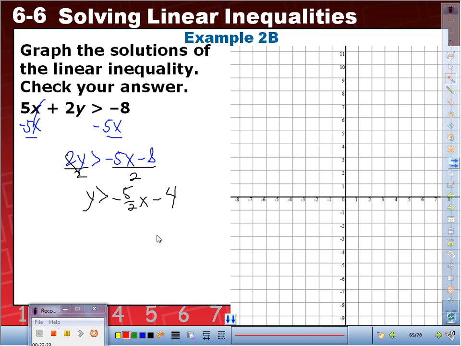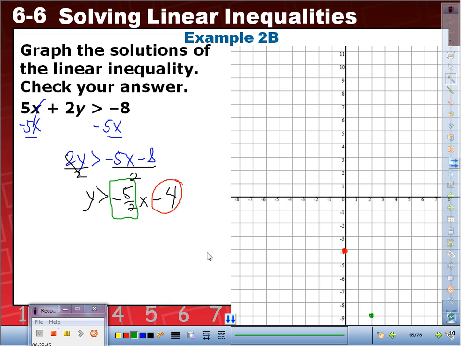So where do I start? Negative 4. We place that here, and we use the slope. What does the slope tell us? Down 5 to the right. 1, 2, 3, 4, 5, 1, 2. I think you have space for one more point, right?